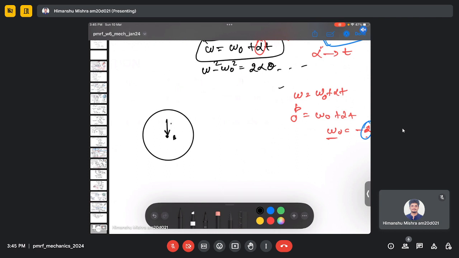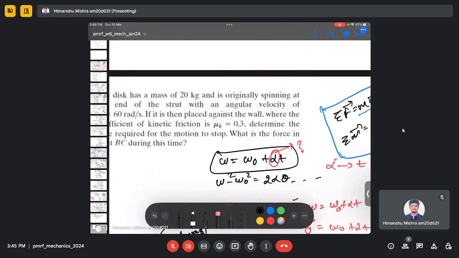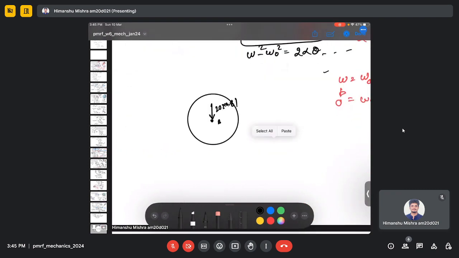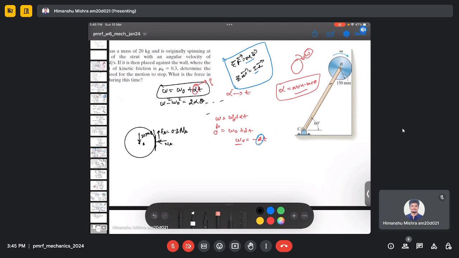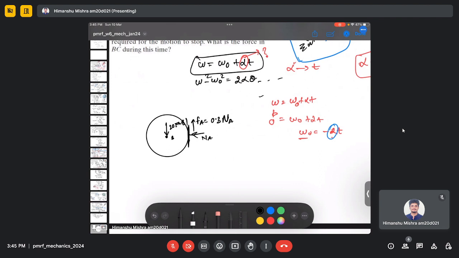So there is a gate. Here we have a friction force. And here we will have a force due to this slider or a strut.